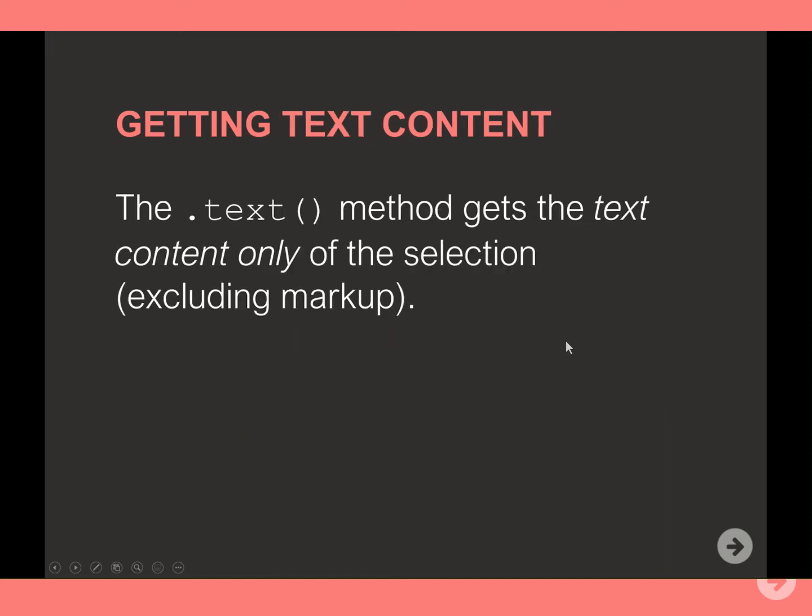The other one gets the text only. This one we don't want to keep the formatting information. We only have interest in the text. Get the text content only, so there's no tag information. But also need to mention, this one gets the text content of all the matched elements, excluding the markup.